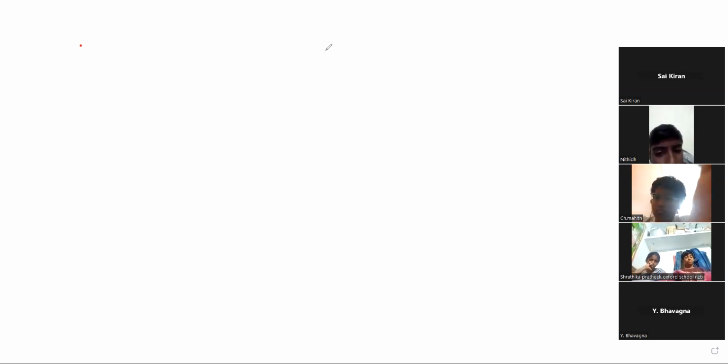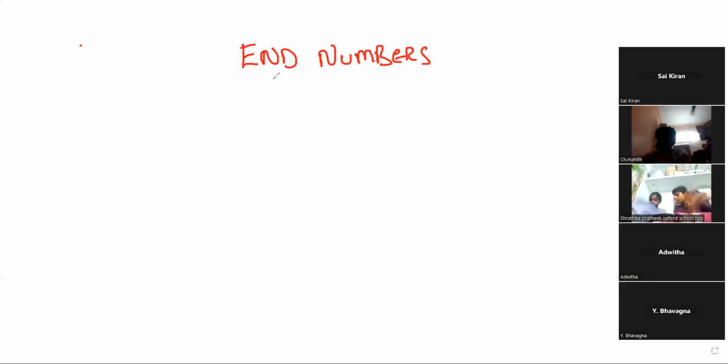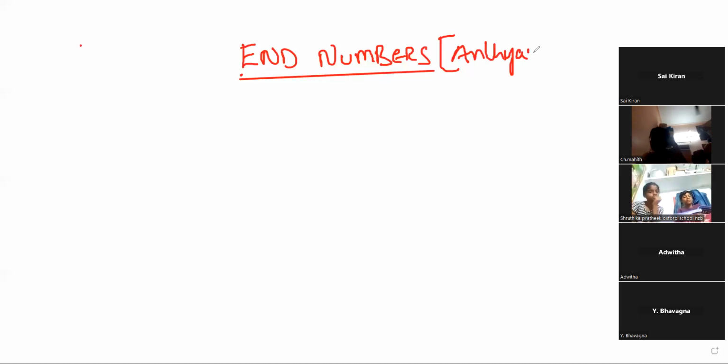Now to master those 16 combinations, we have a technique in our Vedic math called, in Sanskrit, the Antyanka.